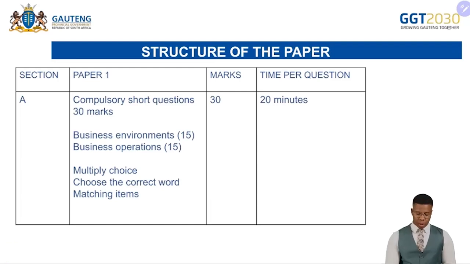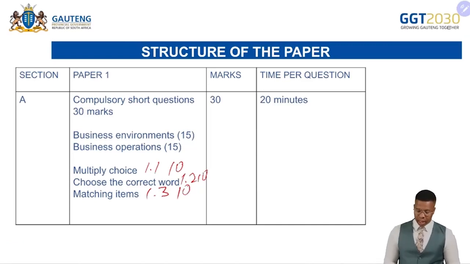And the types of questions you get there: 1.1 will be your multiple choice for 10 marks and choose the correct word, which is 1.2, 10 marks as well, and matching items would be 1.3 for 10 marks as well, and the total mark there would be 30, and time for the section would be 20 minutes.